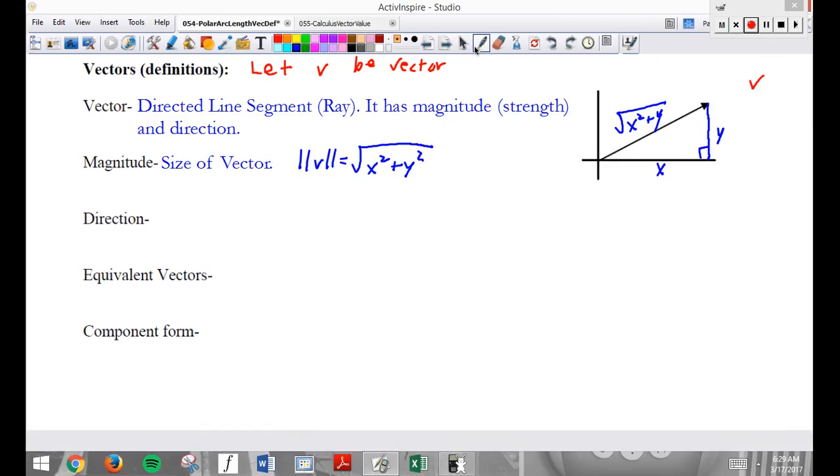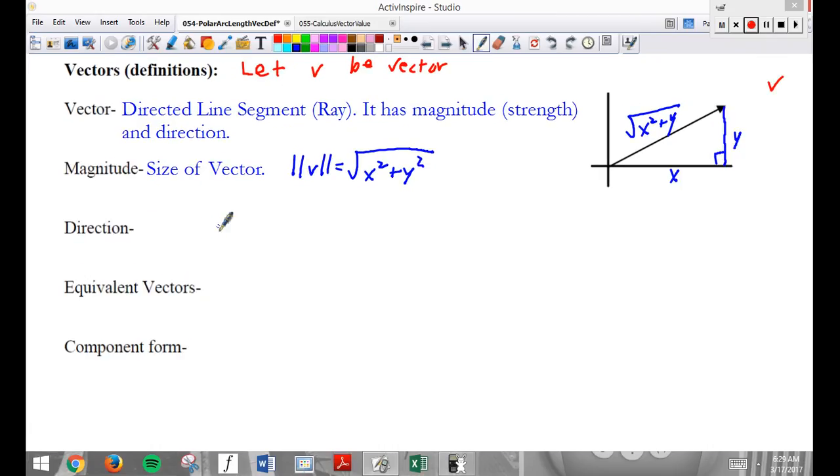I think direction's clear. I don't want to write the formula. The direction of the vector, where it's pointing, can be given by that angle theta. And theta is equal to the arctan of y over x, because you'll usually be given a y component and an x component, and you'll be told to find the direction that vector is traveling in.